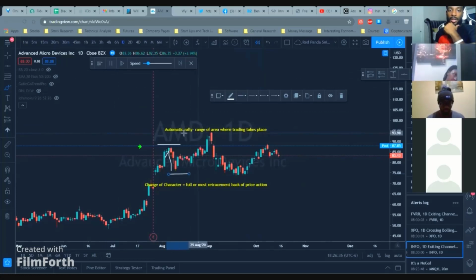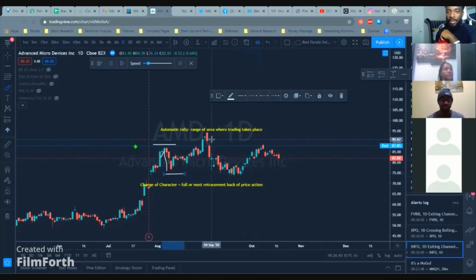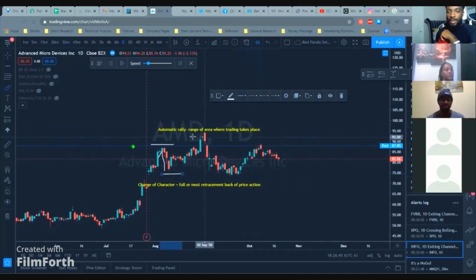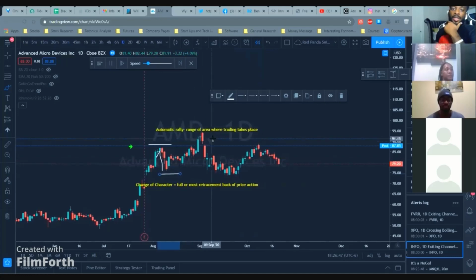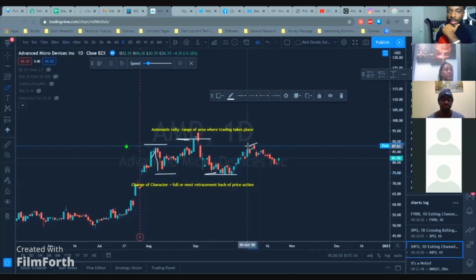So I'll let price play out a little bit more, because I'll notice that there was an upthrust here. That's when price breaks the resistance level. So you get this upthrust, which is here. We get another one back at the support and another retest.